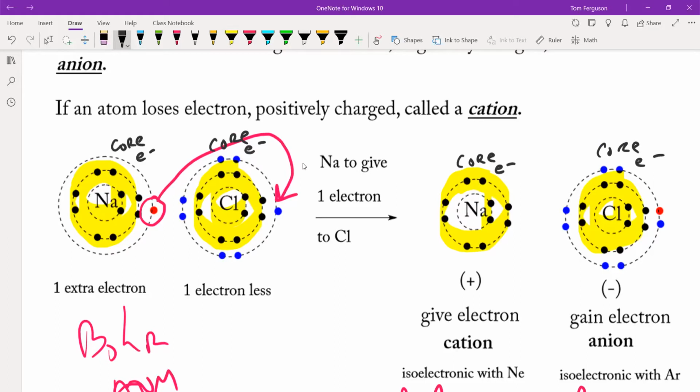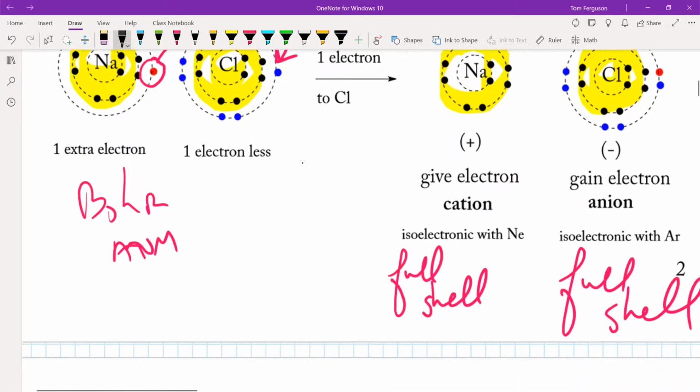Those don't change at all. And again, because core electrons are extremely, extremely stable.